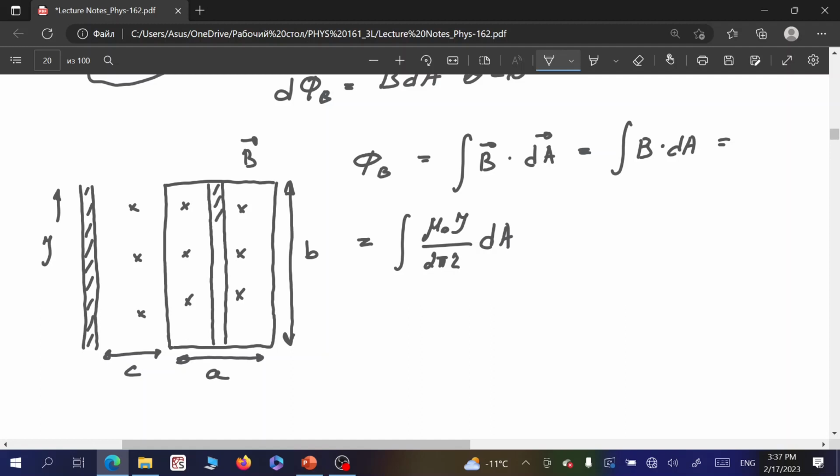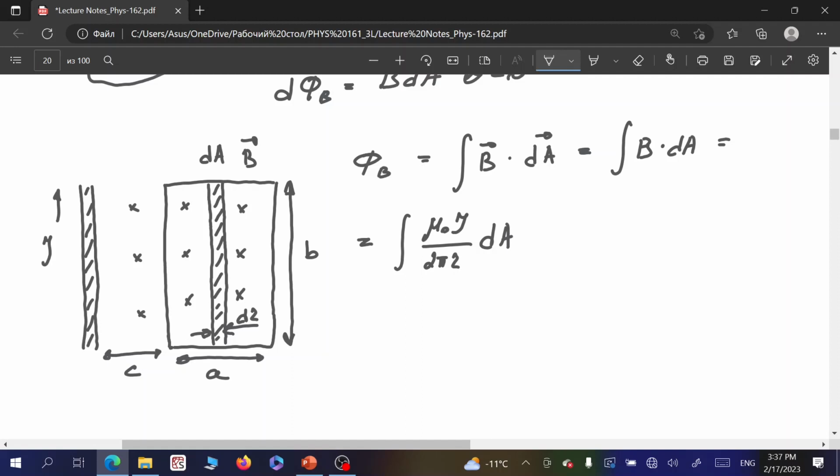So this is our area here, and this is dA. dA can be represented as B, the length of the frame, times dr, a small distance along the frame in this direction of the shorter side of the frame.